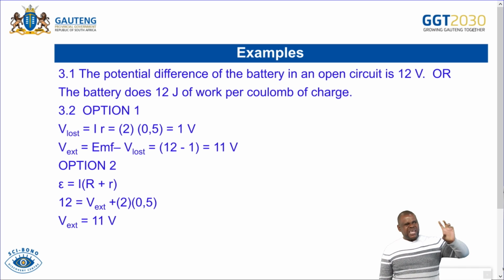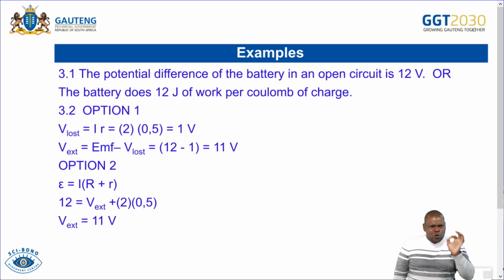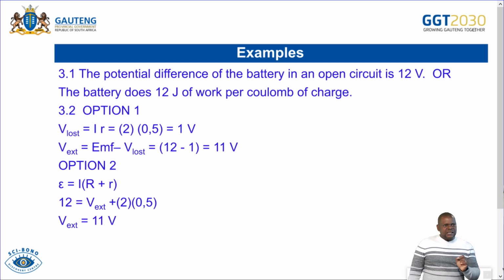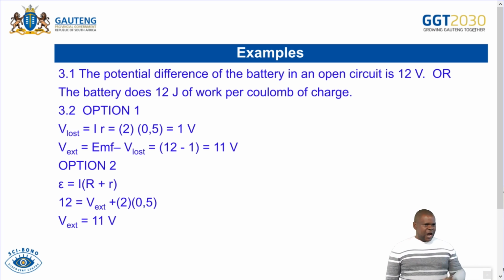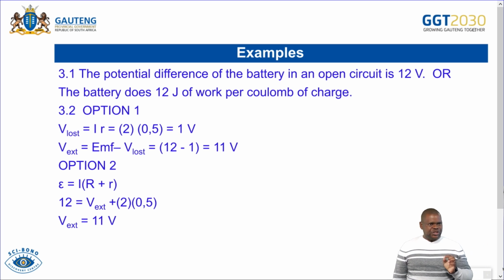That means the potential difference of a battery when there's no current flowing is equal to 12 volts. Or you can say the battery does 12 joules of work per coulomb charge. That means the battery transfers 12 joules of electrical energy per coulomb charge.